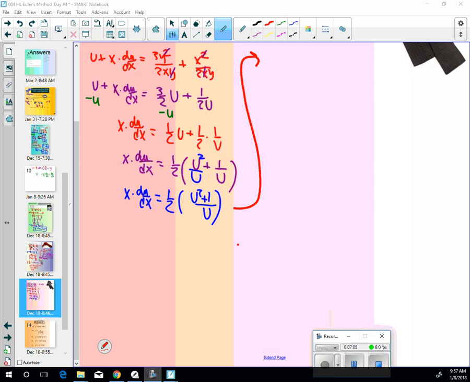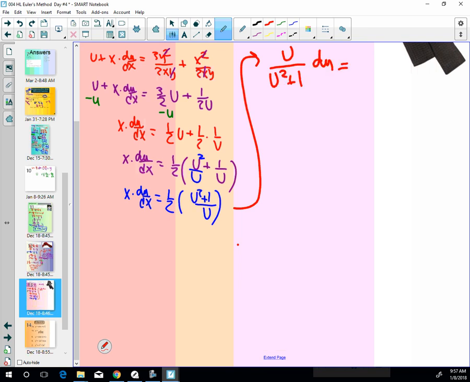If we put the u's on one side, you're going to get u over u squared plus 1 du. And then on the other side, we're going to get, what is that? dx over 2x. Is that right? dx over 2x. Now when you integrate, this is where you might have to do a little bit of thinking.